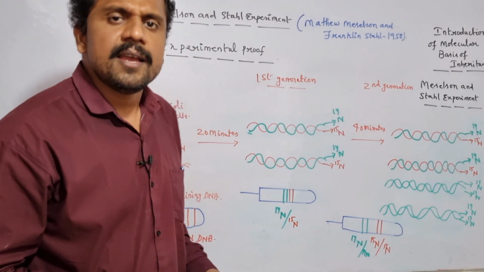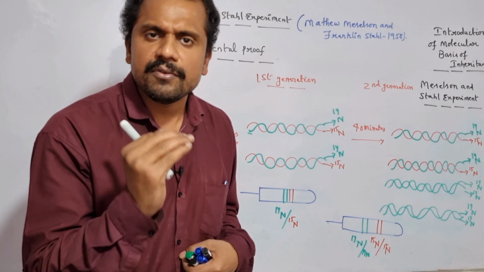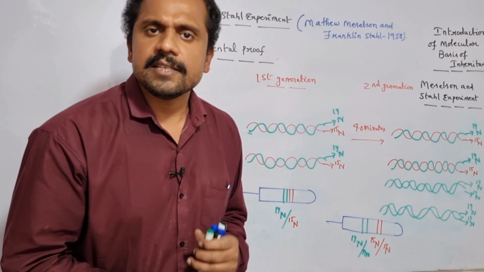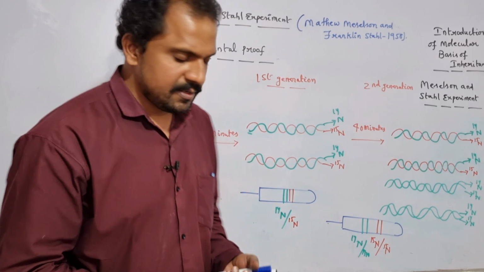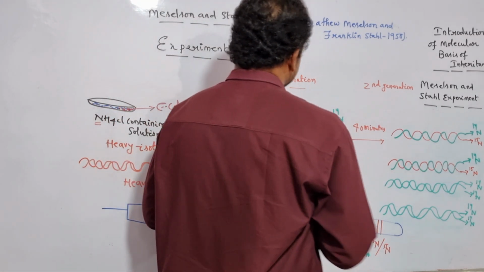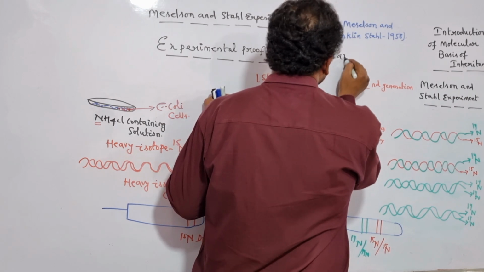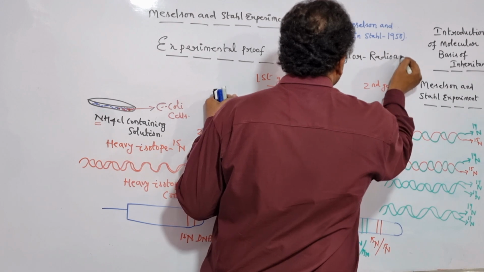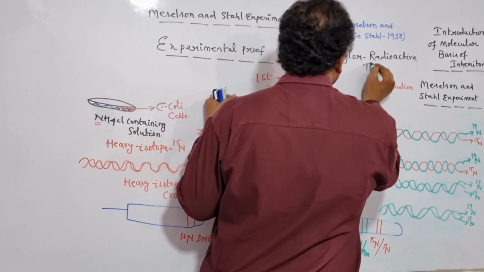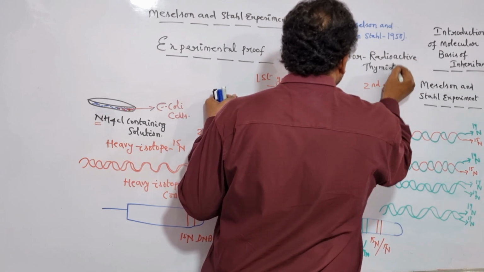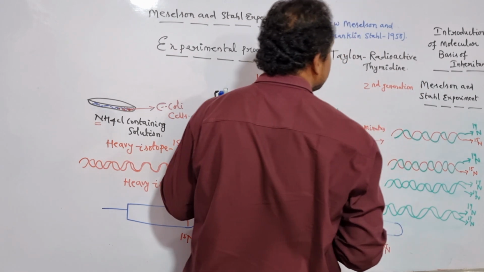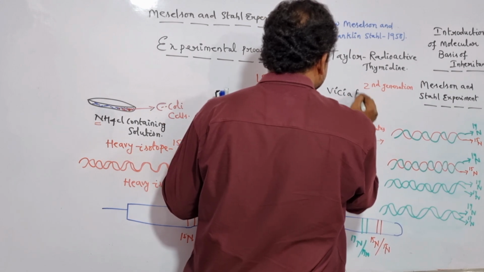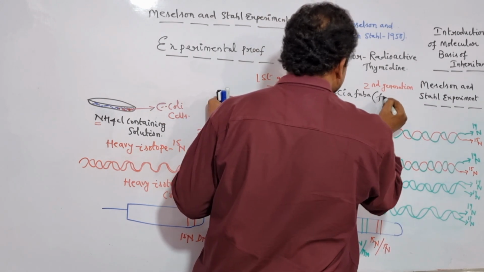Taylor, by taking advantage of radioactive thymidine, performed the similar observation in a specific living organism termed Vicia faba, which is otherwise known as faba beans. So just let me write it here.